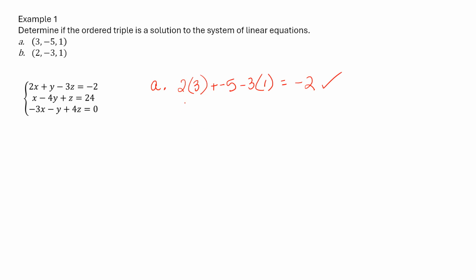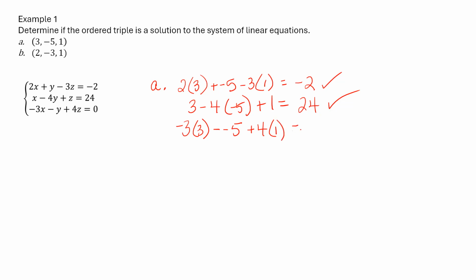Second equation, you've got x, so that's 3 minus 4 times -5 plus 1. And that is 3 plus 20, which is 23, plus 1 is 24. So that does work. The third equation, put in 3, -5, 1, and see what happens. So you've got -3 times 3 minus -5 plus 4 times 1. And that is -9 plus 5, which is -4, plus 4 is 0. So yes, this is a solution.